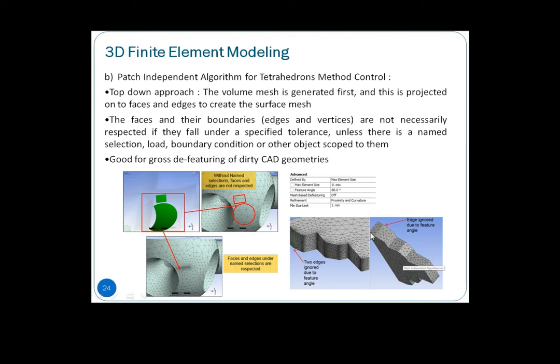In the case you set, let's say 80 degrees, and it finds that you fulfill these named features, then it will help you to refine at the edges here. It's good, for example, if you are looking into stress analysis where you have a stress concentration at this particular region, then probably you need a refined or higher order mesh in these particular regions. So that is patch independent.